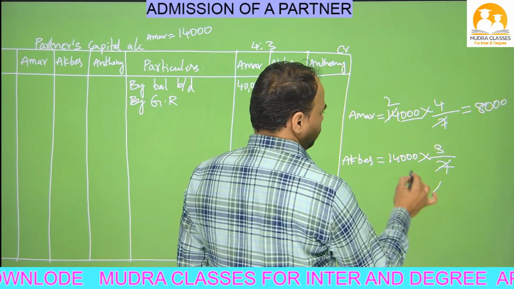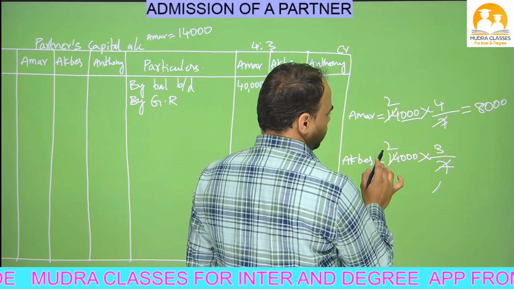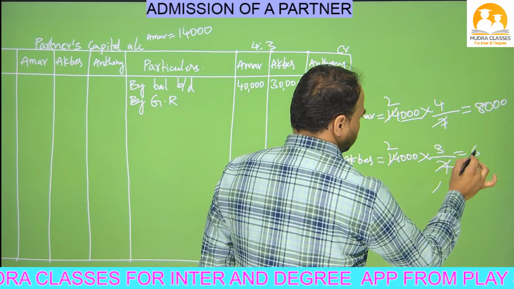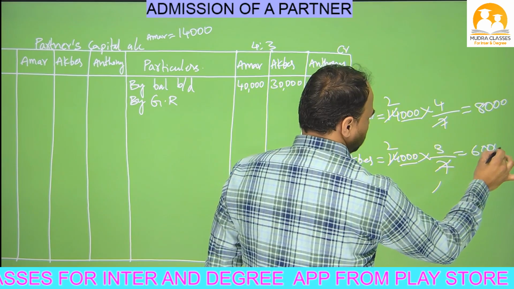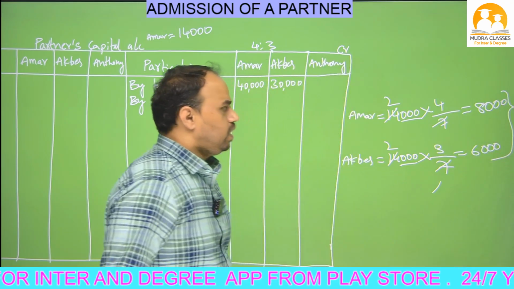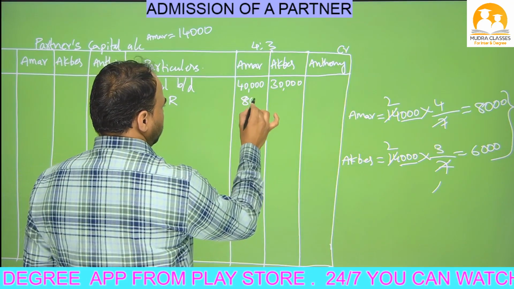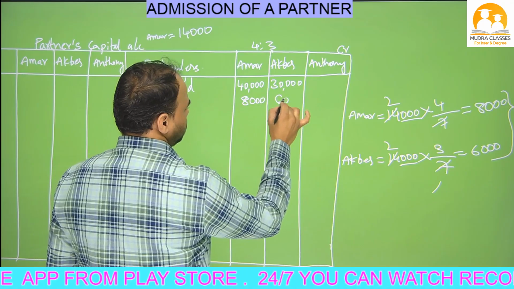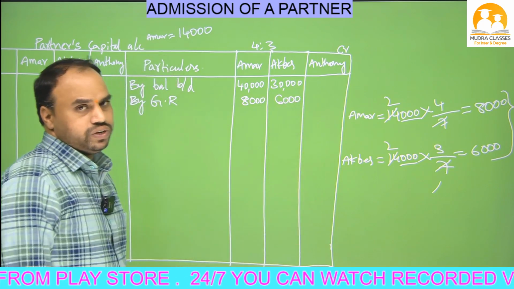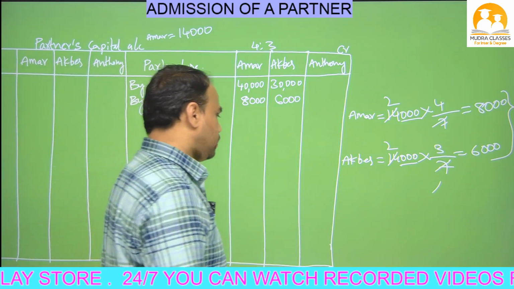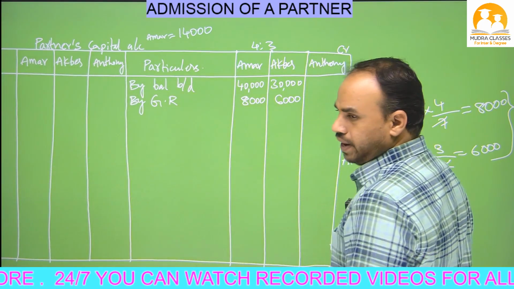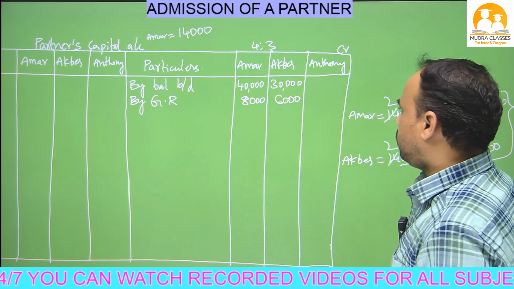Similarly here, 2 threes are 6, 3 zeros left, so 6,000 rupees. So this 8,000 rupees and 6,000 rupees we have to distribute to Amar and Akbar in the old ratio. This is previous years' profit that they saved for future purpose. Now the new partner is joining the business, so we have to distribute it to old partners.